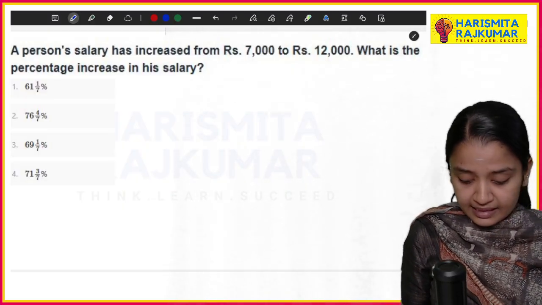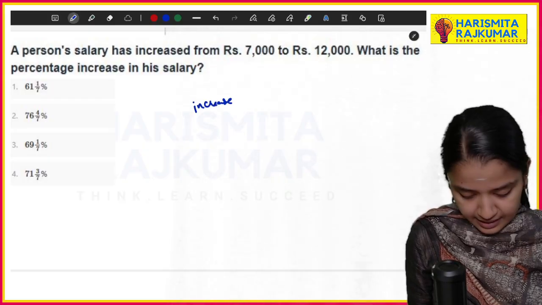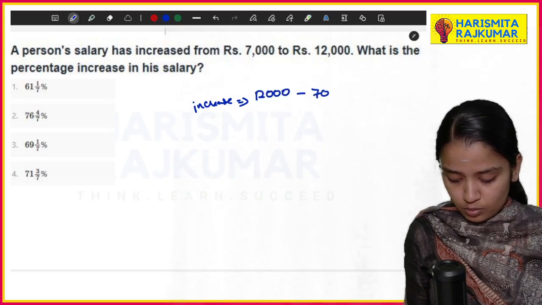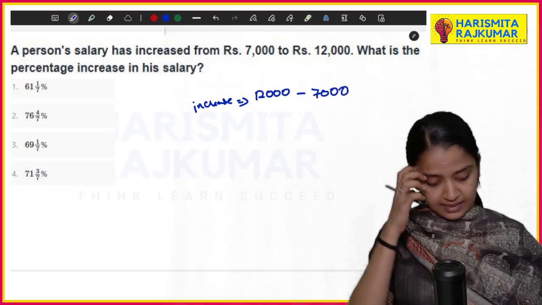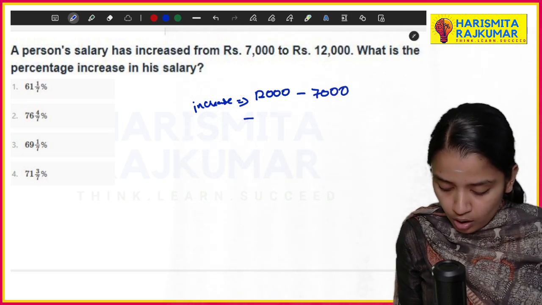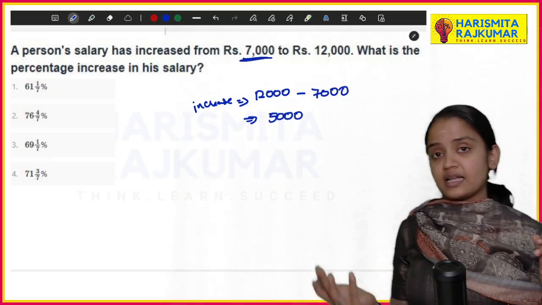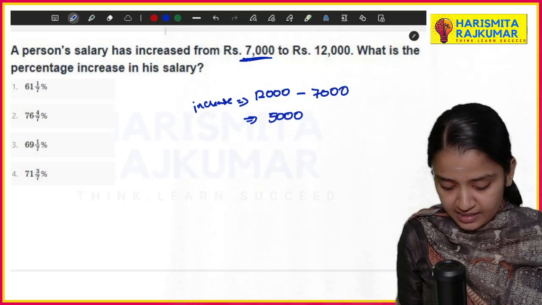What is the increase in salary? The increase is 12,000 minus 7,000, which is 5,000. From 7,000, 5,000 has increased, and that percentage I have to get.